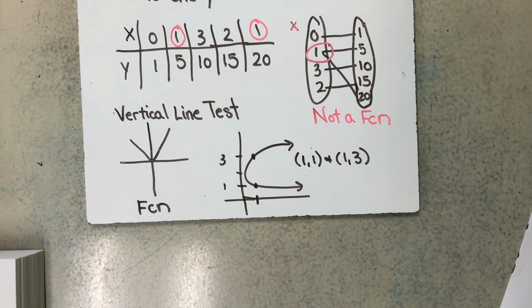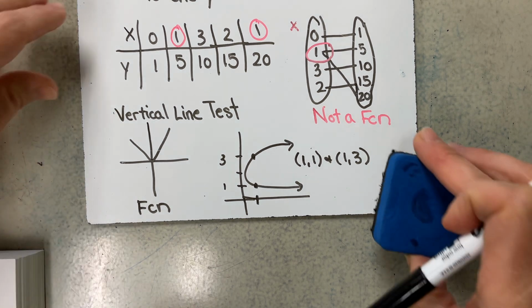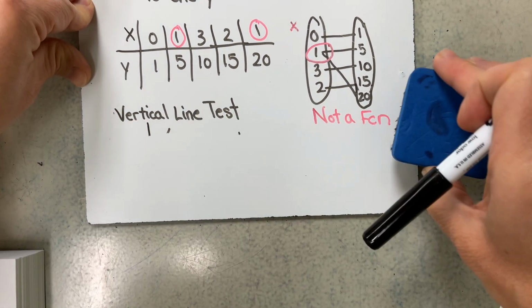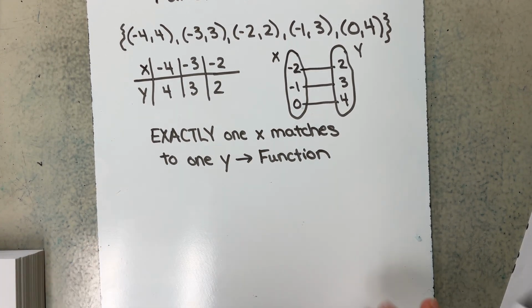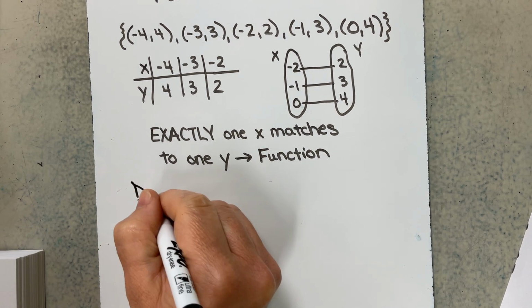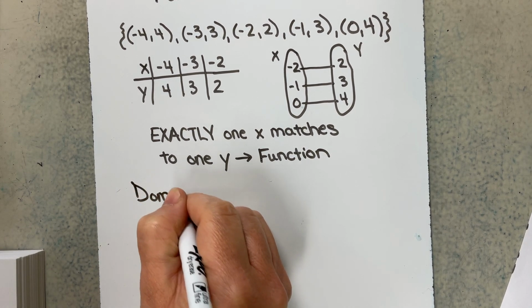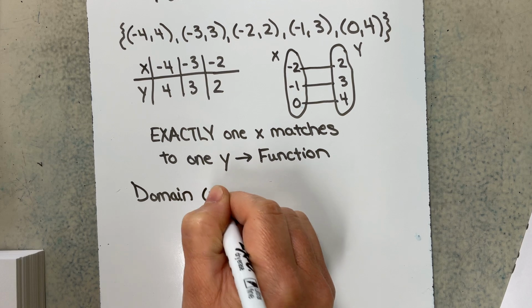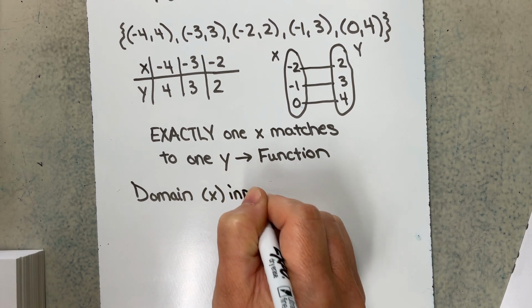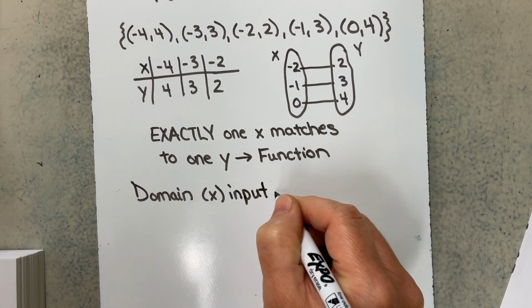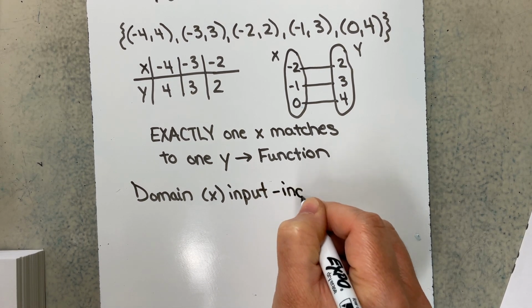Okay. With functions, we also look at domain and range. So I'm going to get rid of this, and we're going to go back here and use our original problem. Okay. Domain is your x values. They are also known as your input, and they are also your independent variable.